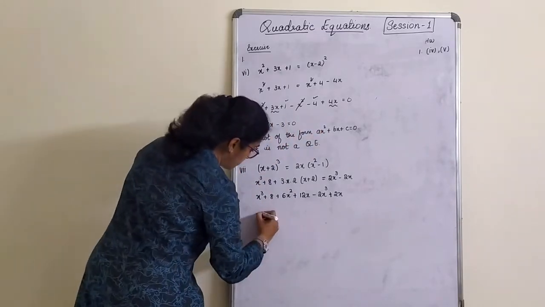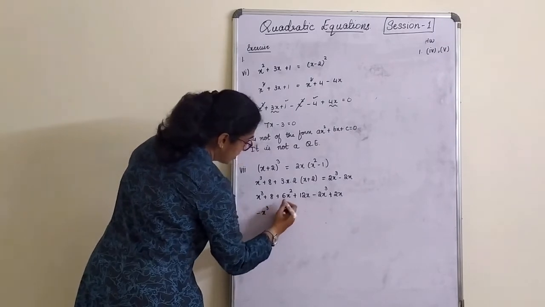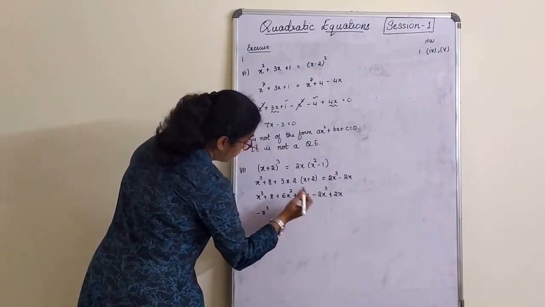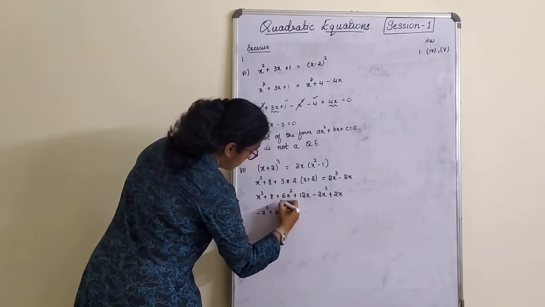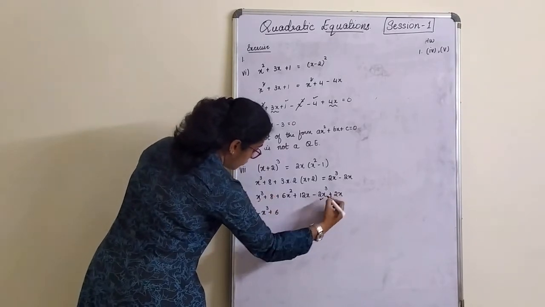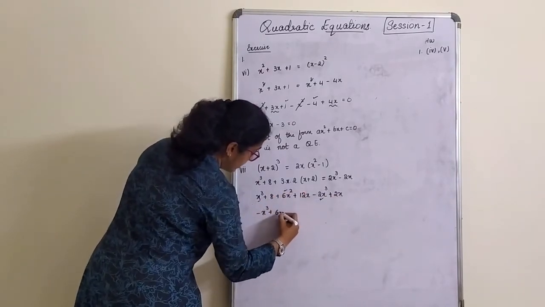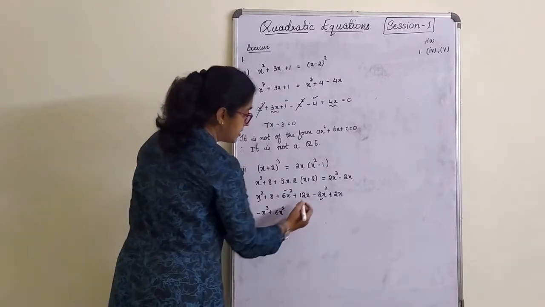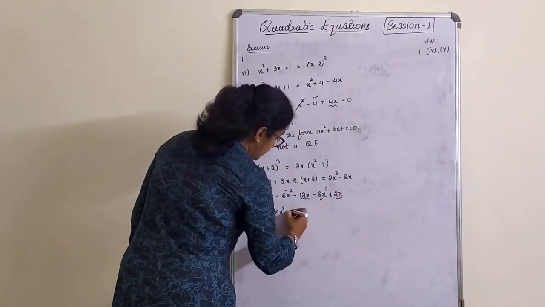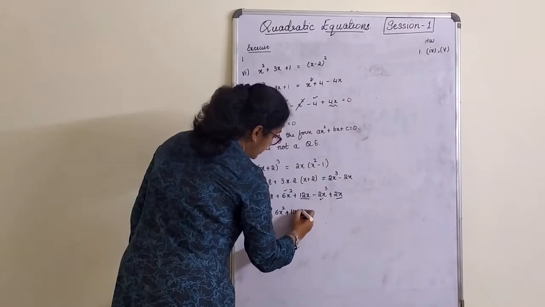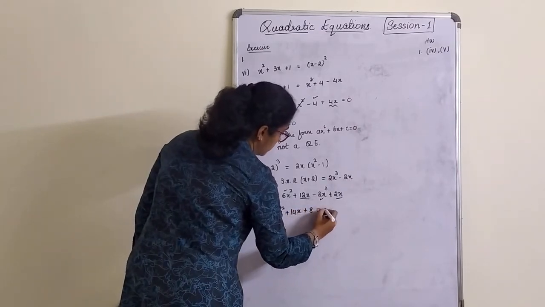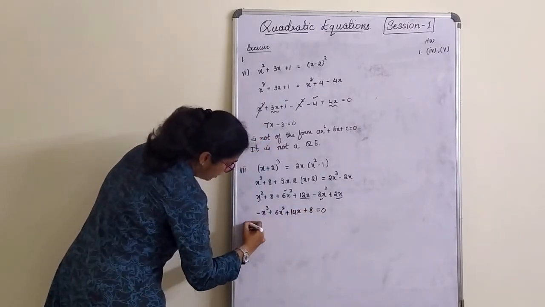But still you have to simplify. Minus x cube, 6x square, only one x square term is there, plus x cube, and x cube we did. So then 6x square, any x term is there, 12x and 2x, 14x plus 8 is equal to 0. So what will you write?